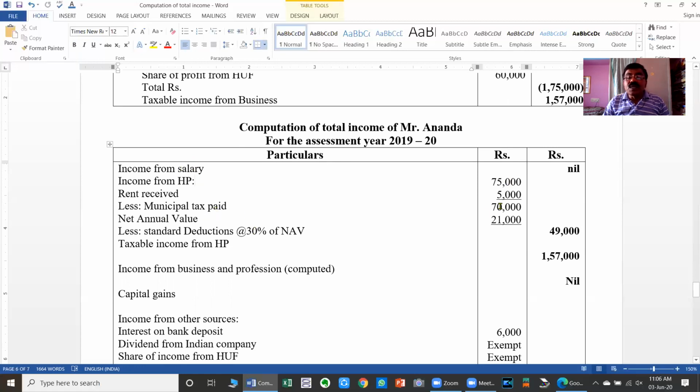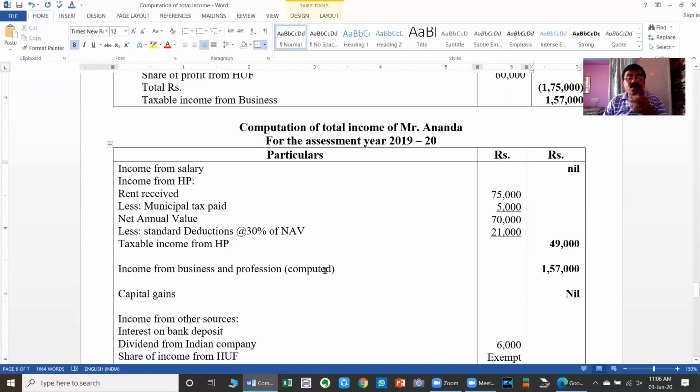Therefore, the balance annual value is 70,000. Then the standard deduction at 30%, that is 21,000, is to be deducted. The balance of income is rupees 49,000. That is the income from house property.